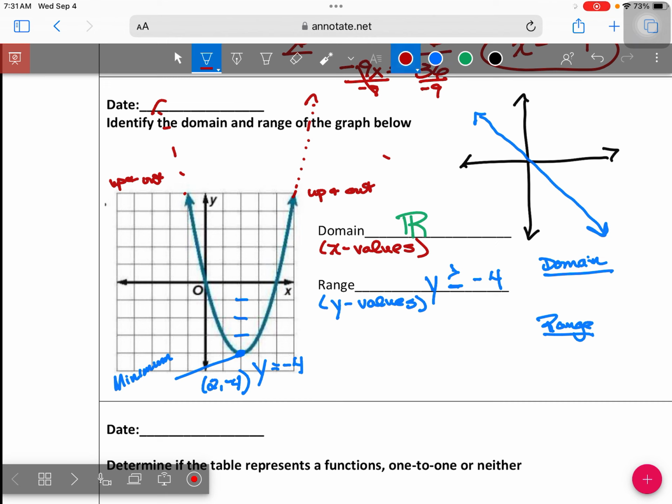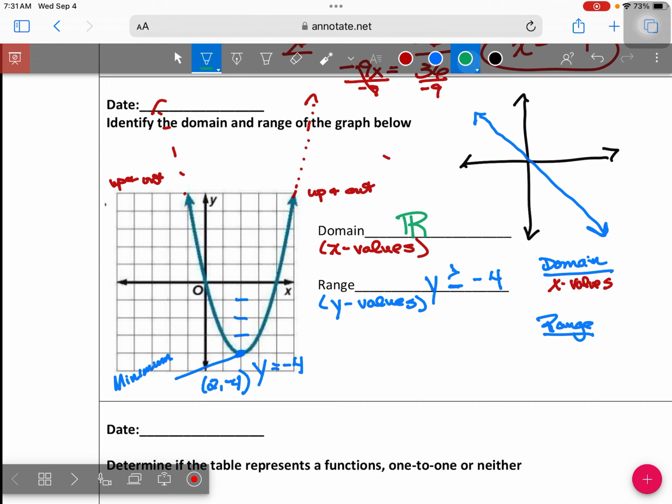So again, domain, those are your x values. How far to the left and to the right is this going? How far to the left and to the right? Desmond, what do you think? Is it ever going to stop?